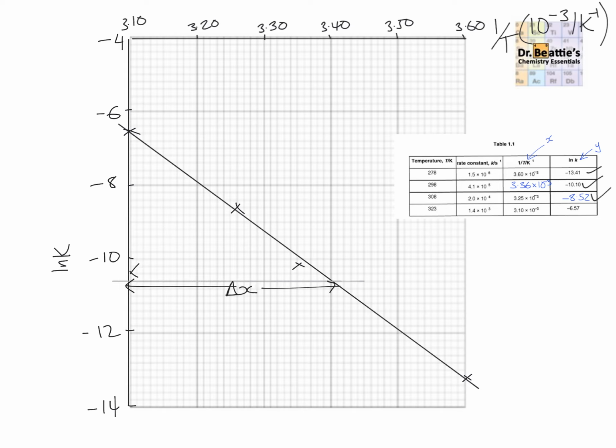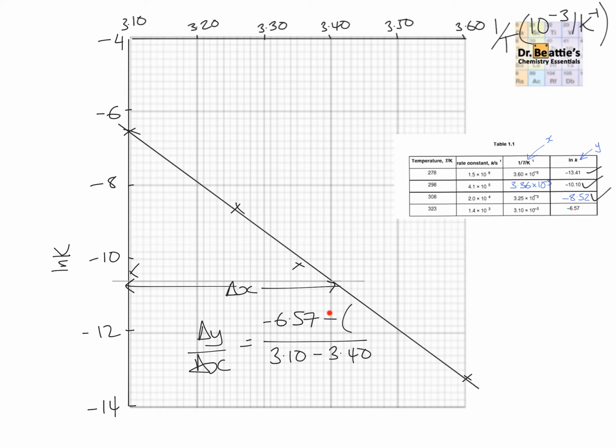So our slope is change in y over change in x, and if we read off, we've got 3.10 minus 3.40, and then our change in y is going to be from here to here where the grey line intercepts. So we know when we actually plotted this data that was at 3.10 exactly, so we know it's minus 6.57.